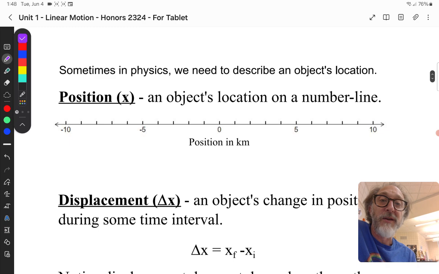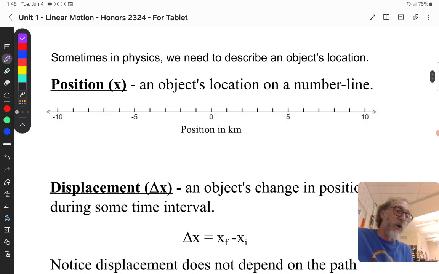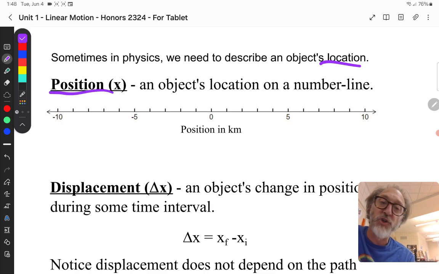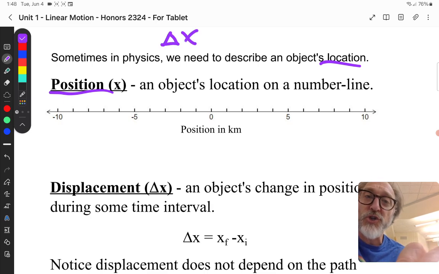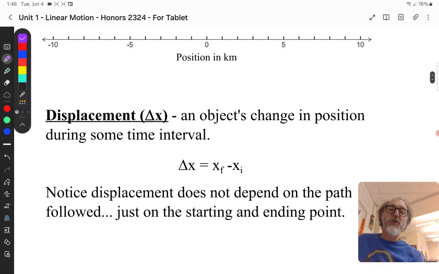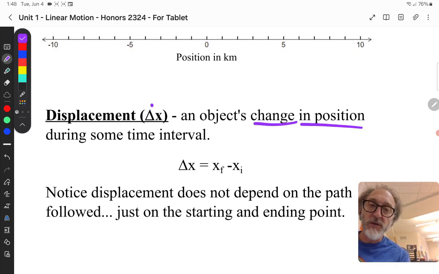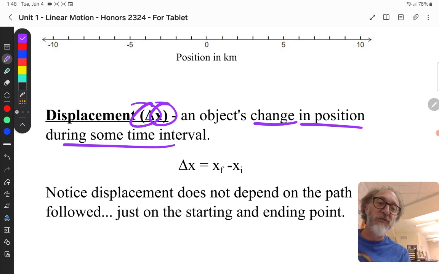Finally, we are so close to being done. Sometimes in physics, we need to describe not how far an object has gone, but where an object is, and we call that location or position. The symbol for position is a letter X. Displacement is change in position. Position's where you're at, displacement is how much that position changes. So our textbook definition now of displacement is an object's change in position during some time interval.